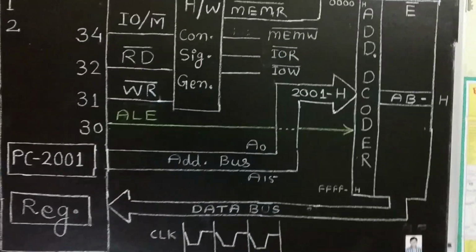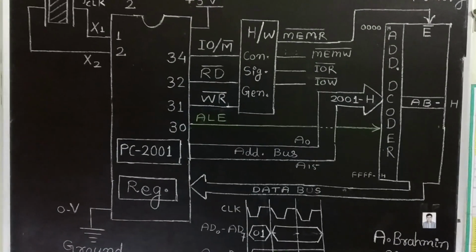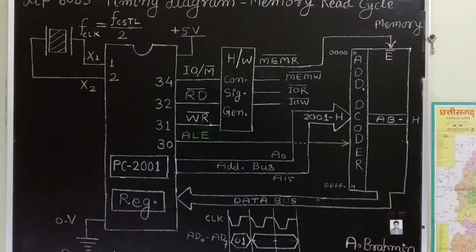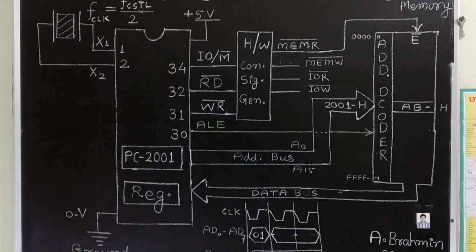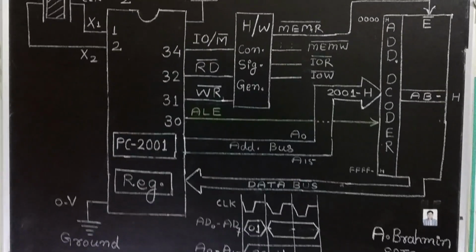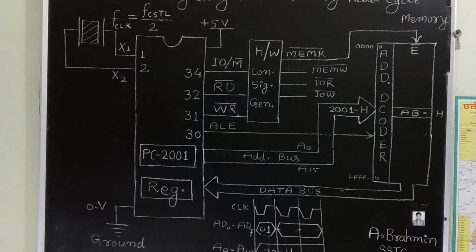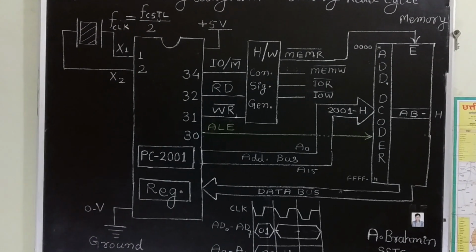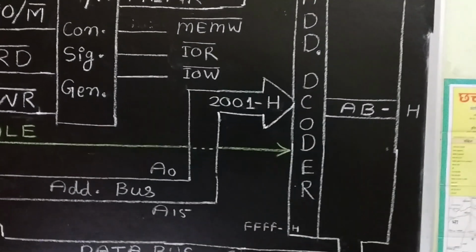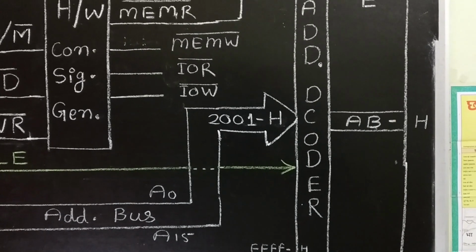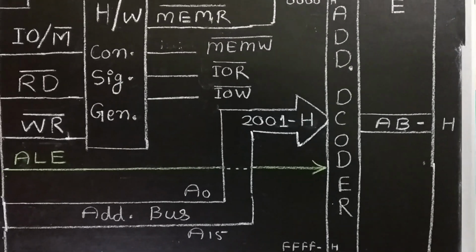Now, to understand the full process, we are explaining a simple story. Suppose I am saying to a student that you go to the market at shop number 2001 and bring some daily needs material to me.